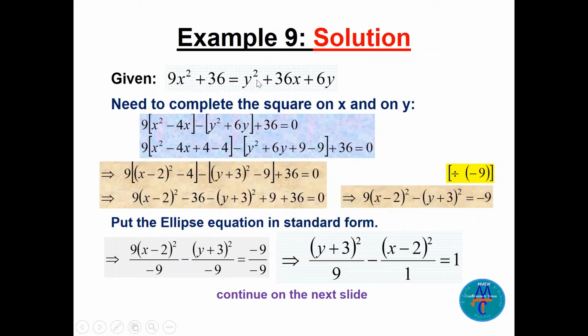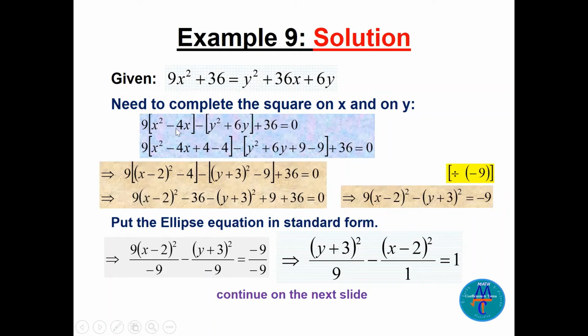Move all the terms to the left side, equal to 0. Now take a common factor 9 to complete the square on the x and on the y. So 9 times x squared minus 4x, minus, remember there is a minus, y squared plus 6y plus 36.